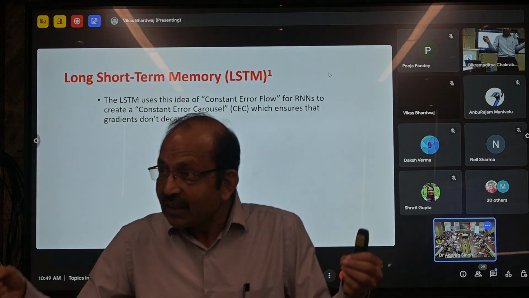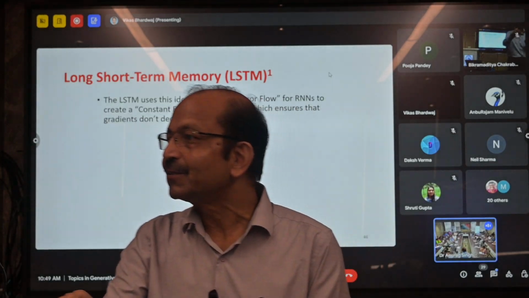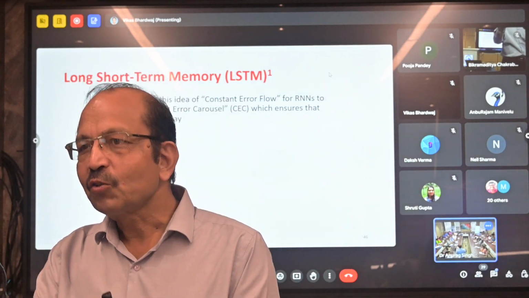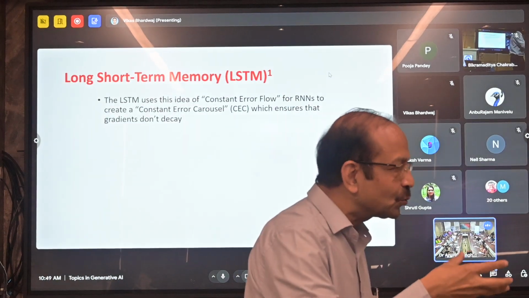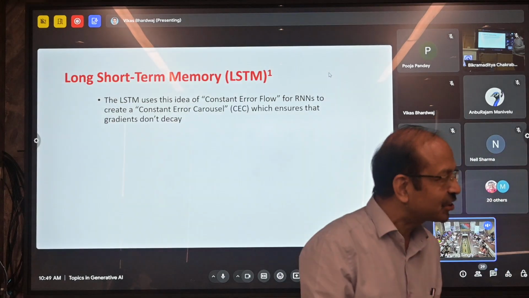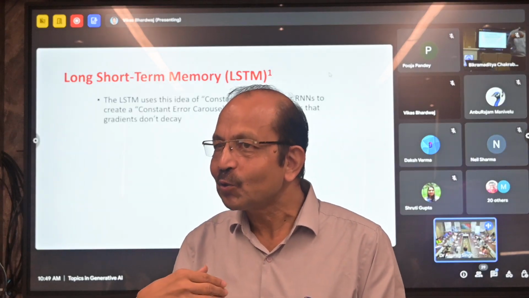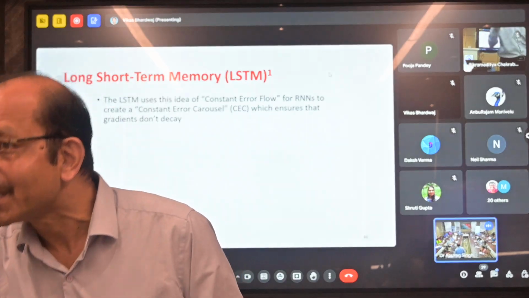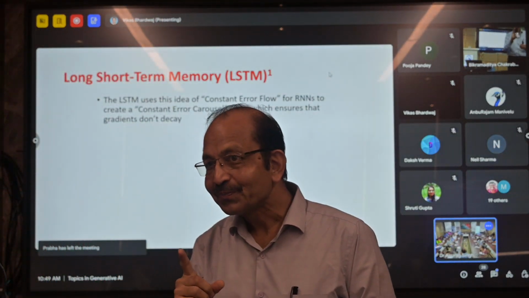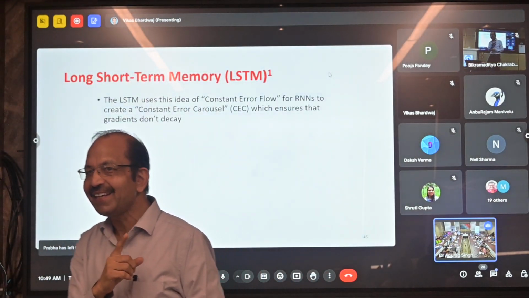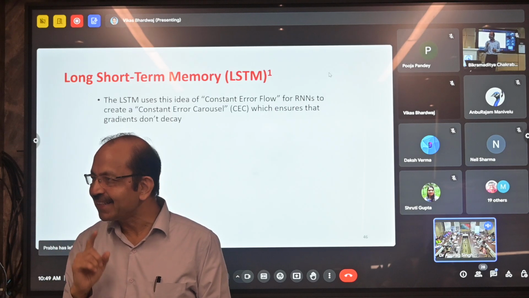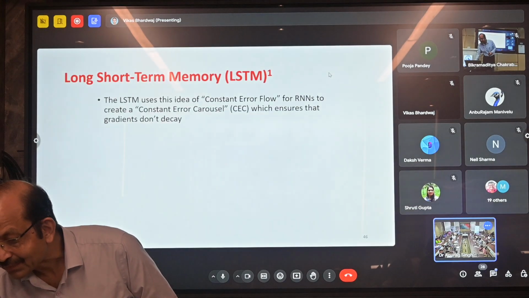If they are important, then you must remember. So in what way should I bring this into my architecture so that I know which part to forget and which part to remember? See how beautifully this architecture has suggested these two things.